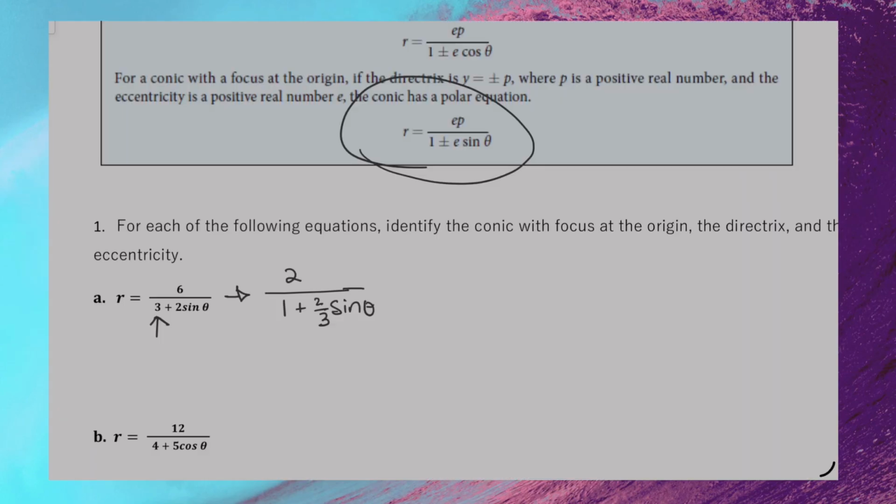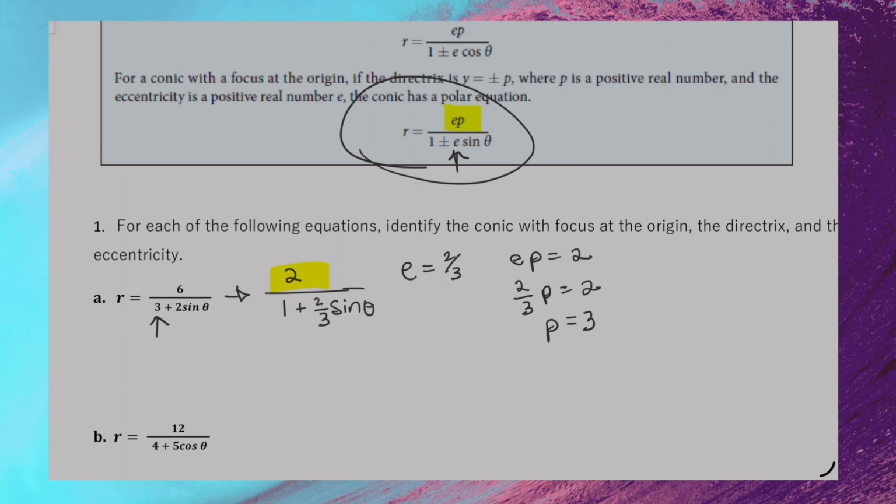I can see that the e is equal to 2/3. Now, the top is ep. So I could use that fact and say if ep is equal to 2 and we know e, this is solvable.